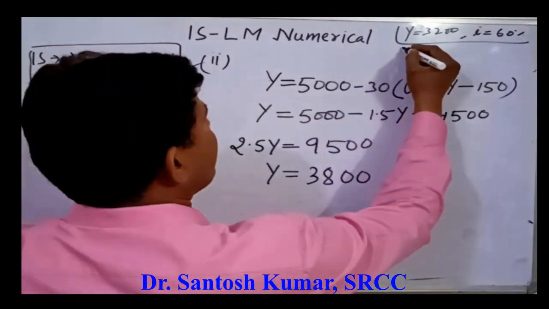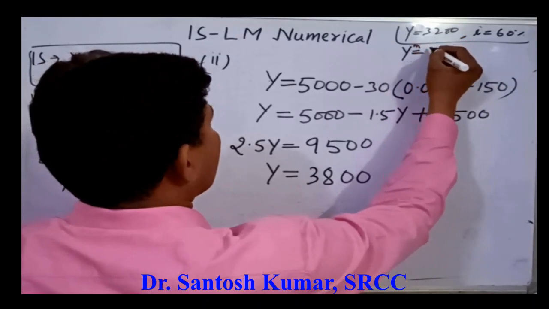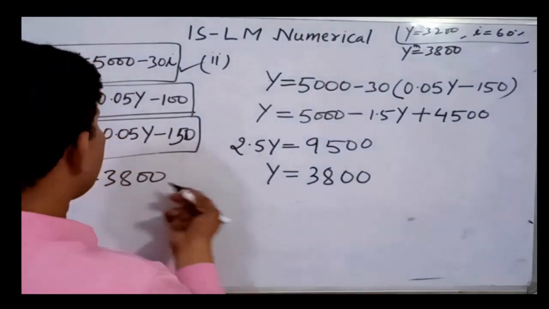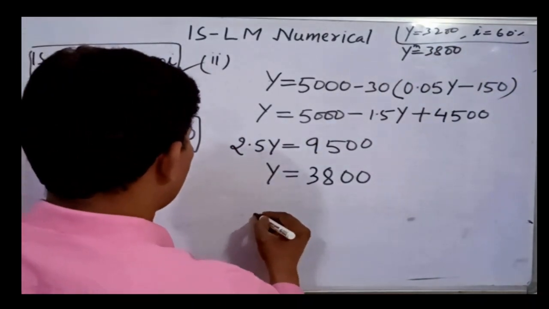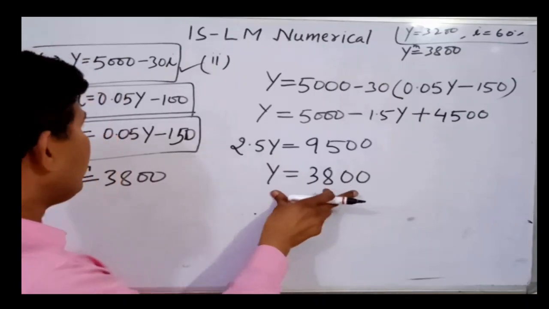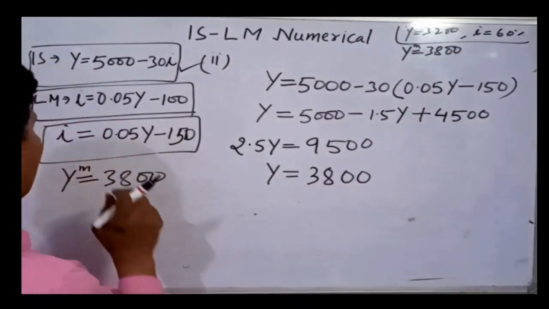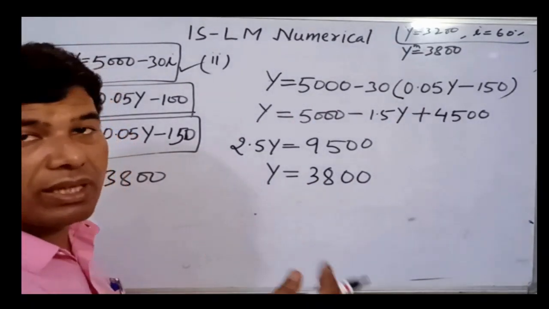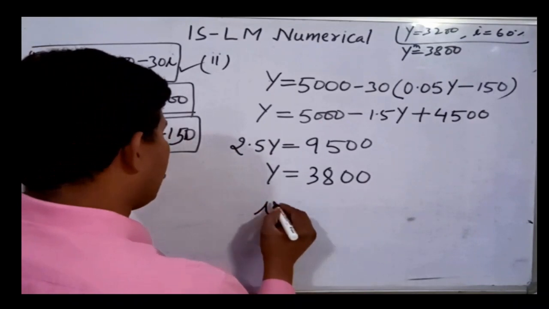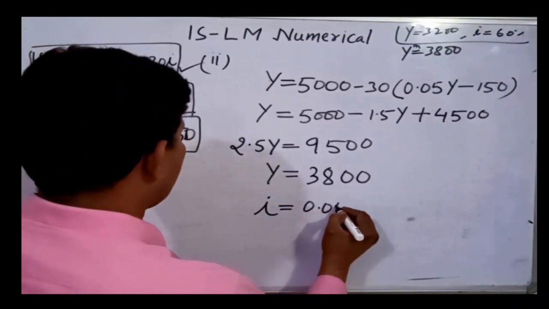So let me write it here. This is your new equilibrium income, 3800. Now what is the interest rate? We can find out the interest rate also, right? How? By substituting this equilibrium income in the new LM equation, the new money market equilibrium equation. So what do I get? I get i is equal to 0.05.